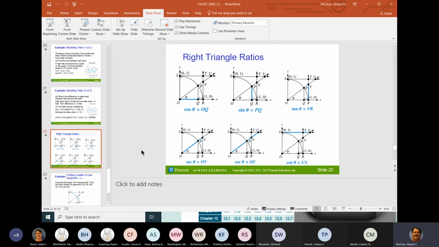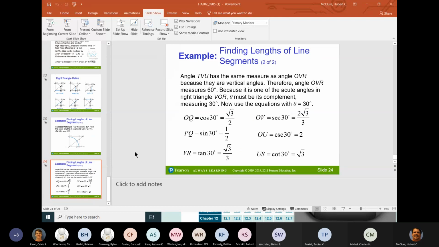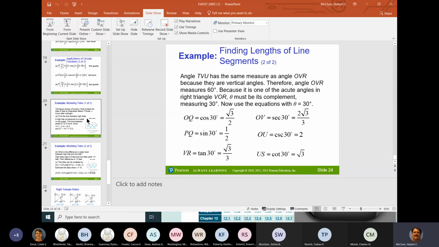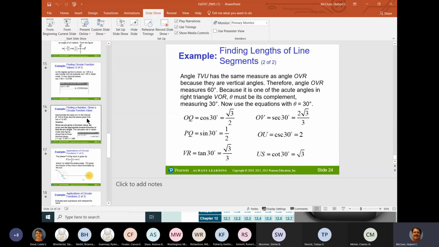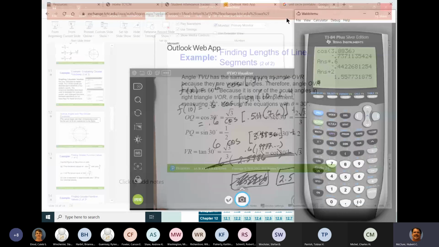And there's your right triangle ratios. I'm not going to get into that. I'm not going to get into those last 2 slides. Okay, so basically all I want you to be able to do in this section is give me the unit circle. Everybody good on that? Unit circle. So 9.5 is basically the unit circle.